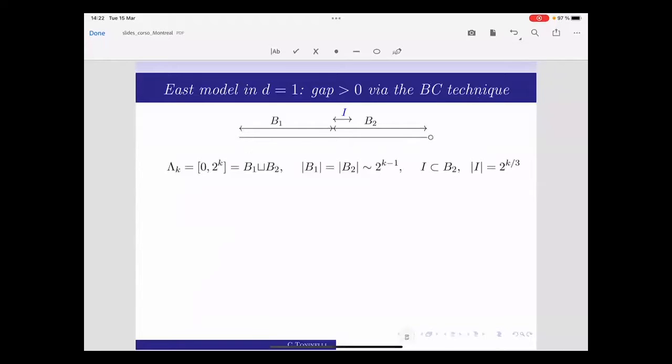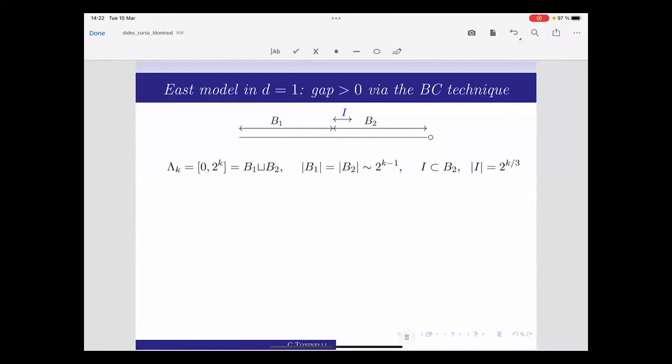So I want to connect the dynamics at scale k to a dynamics on scale k-1, which means taking the volume and dividing it in two. Our volume lambda k is an interval 0 to k. I divide it in two, these two volumes B1 and B2 on scale k-1.